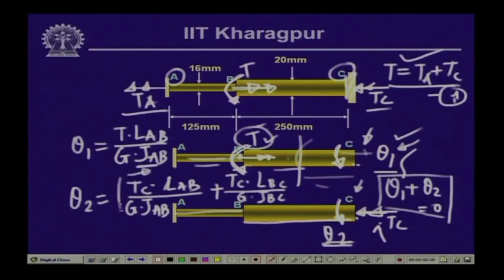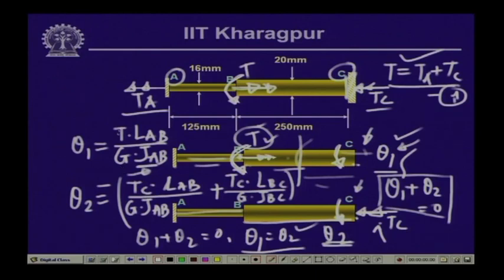So, theta 2 as a whole is negative. So, theta 1 plus theta 2 equals 0 will lead to theta 1 equals theta 2, and from this we can find out the relationship between T C and T, and we already have a relationship between T A and T C. So, from this we can evaluate T A and T C.